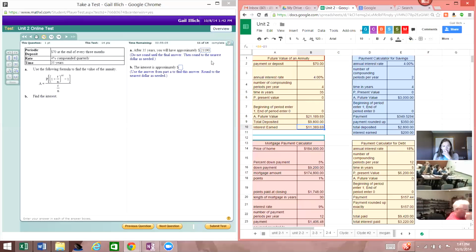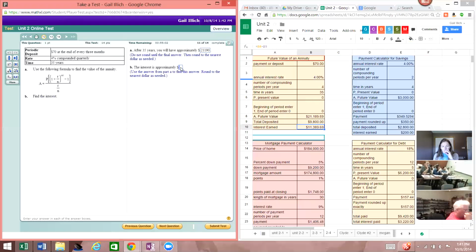It'll be fine. If you're rounding the future value, just remember that you have to round the interest. It's the same because the total deposited is zeros at the end. Yeah, we're going to be fine. Okay, so this will be 11,390. Okay, good. Maybe. All right, next question.